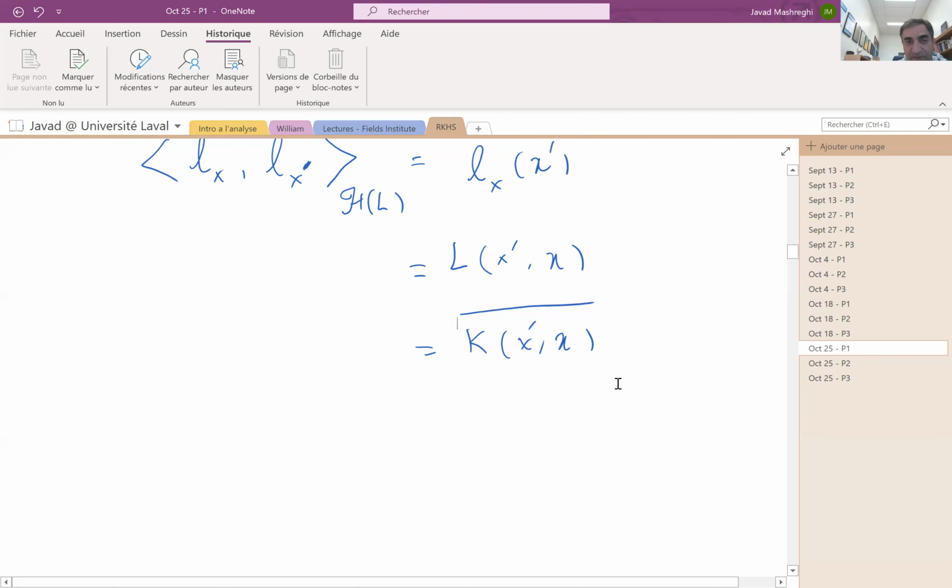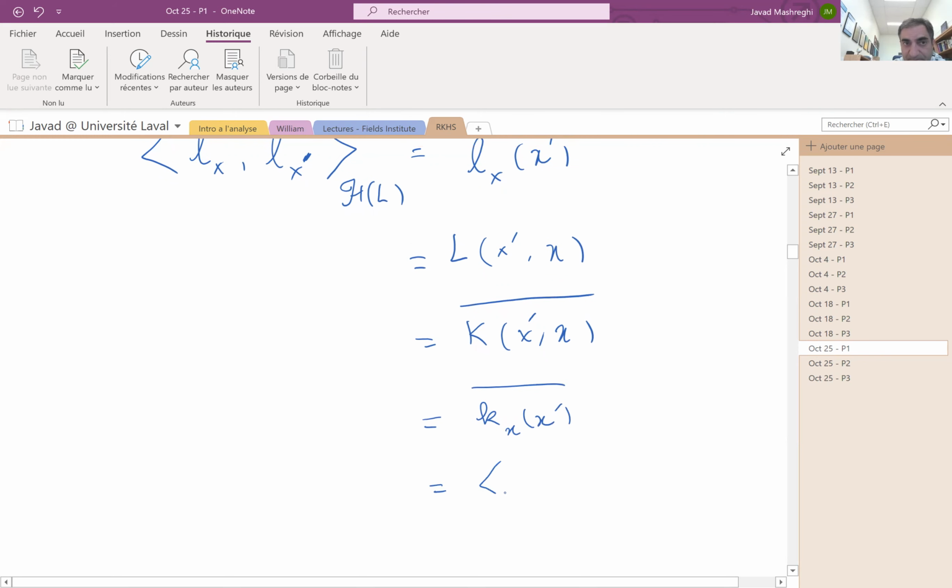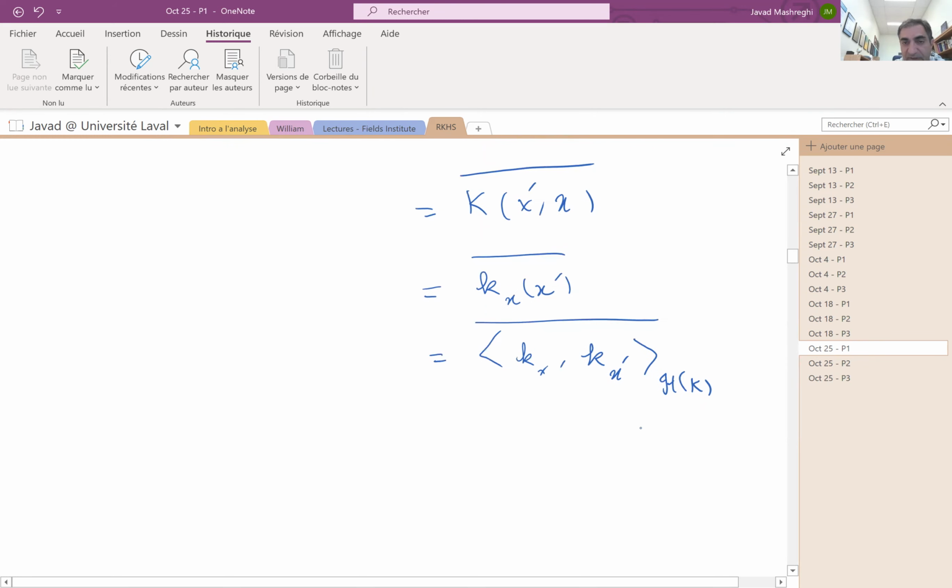And we do the same identities we did for L in reverse order for K. So this is little k x at point x prime with a bar. And that is k x prime in H of k bar. And having the bar, we can change the order, right? k x prime, k x in H of k.